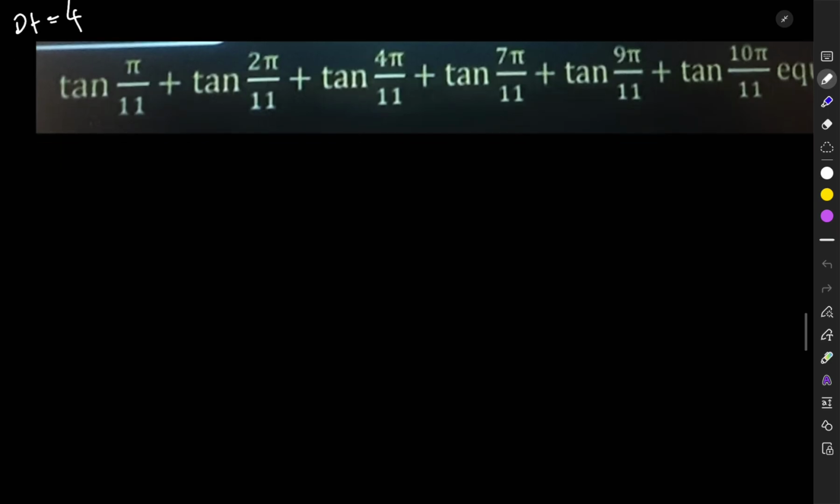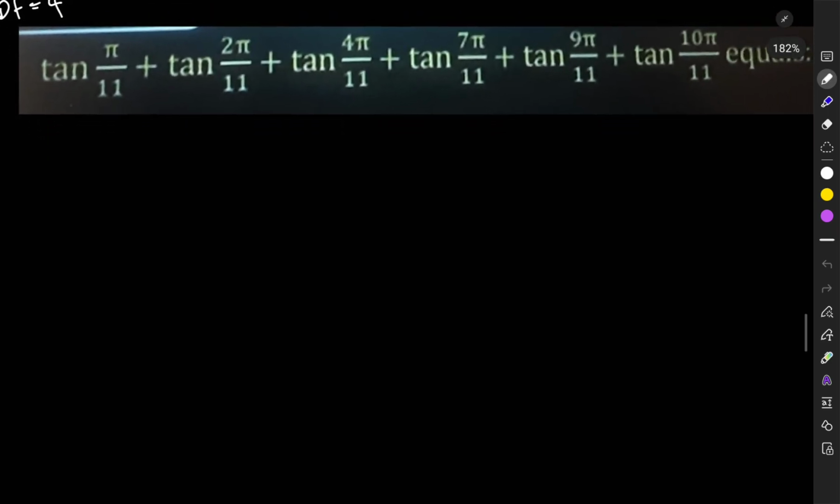So let's solve a question. You can see tan pi by 11, tan 2 pi by 11, and so on. Whenever you see multiple ratios, first try to do this. If it doesn't work, then go for anything else.